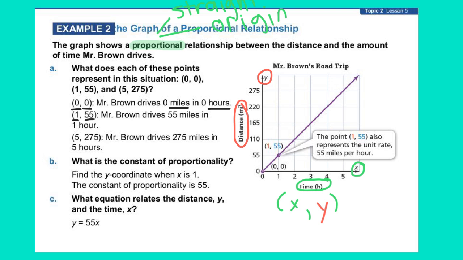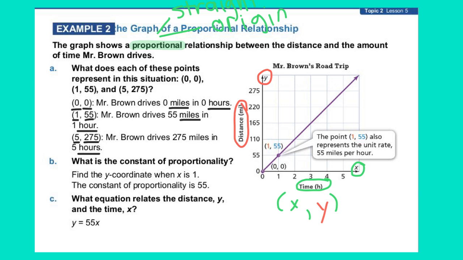1, 55, 1 what? 1 hour, that's the X label. 55 miles is the Y label. 5, 275, 5 what? 5 hours is your X label. 275 miles is your Y label.